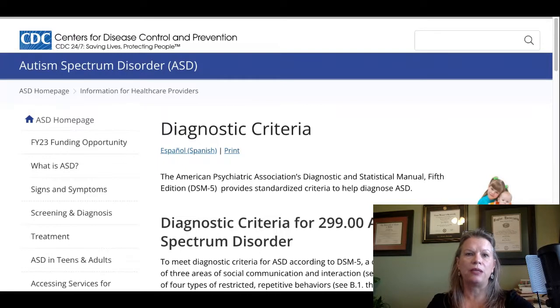I know that the DSM-6 will be published soon, although I have not read or heard any information on whether or not there will be more refinement or change to the diagnostic criteria for autism spectrum disorder. So there are some key changes to the DSM-5 criteria.